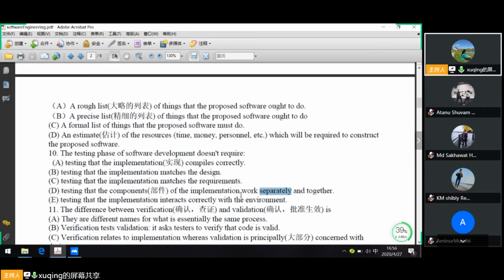Components of the implementation are not exactly units. So we can test them together, but we don't need to test them separately. The fifth one, testing that the implementation interacts correctly with the environment. Here, when we have user testing, we will execute the system in the user's environment. So surely we need to test that the implementation interacts correctly with the environment. So for this one, the right answer is D.